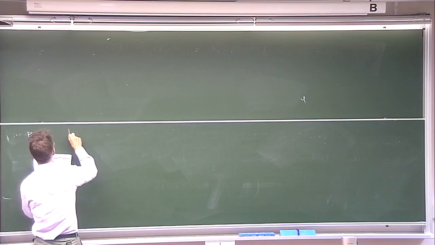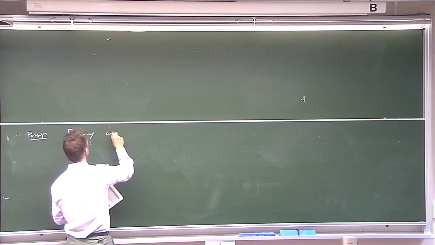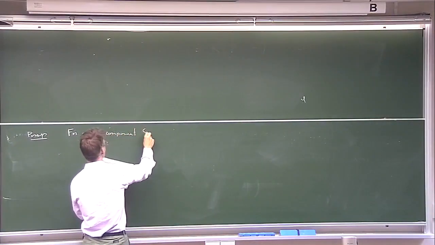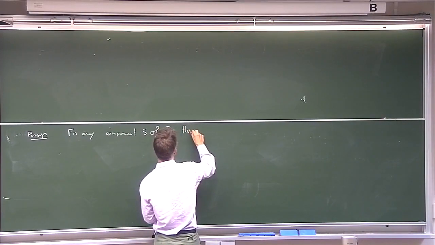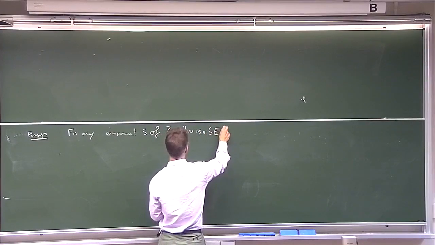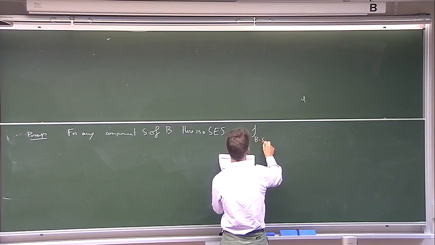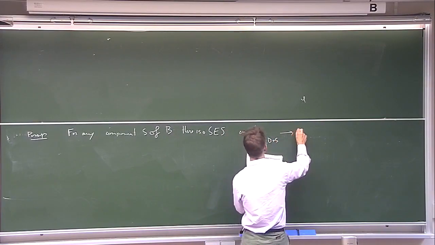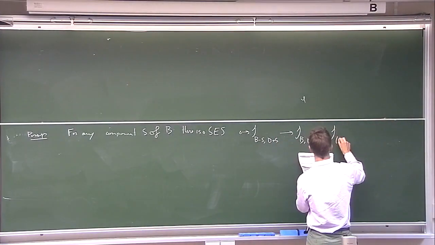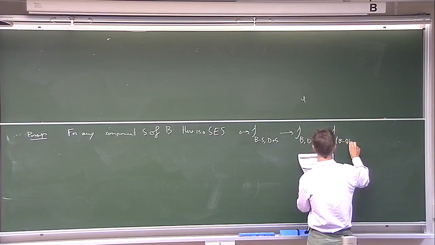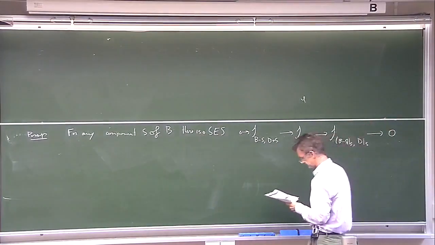So here's the statement. For any component S of B, there is a short exact sequence. 0 goes to the ideal of (B minus S, D plus S), goes to the ideal of (B, D), goes to the ideal of (B minus S restricted to S, D restricted to S), goes to 0.